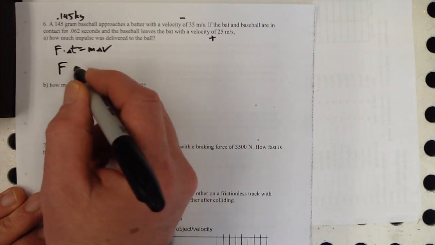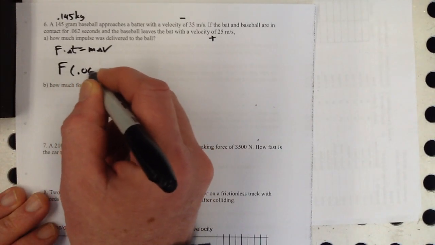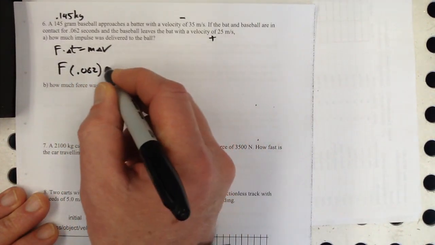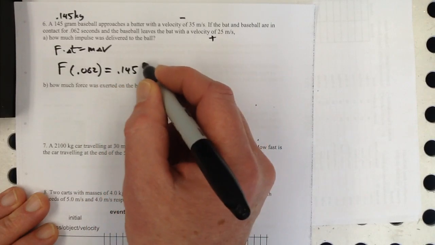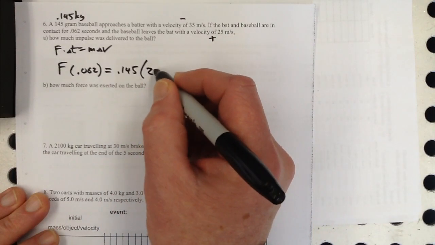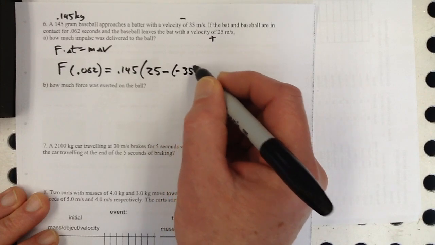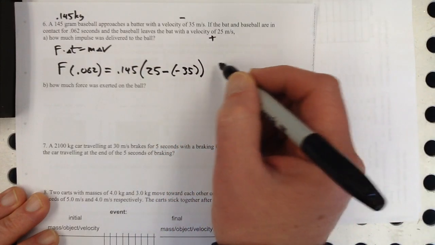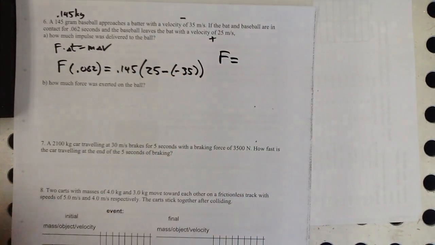So force times 0.062 is equal to mass times the change in velocity. The final velocity is 25 minus the initial velocity. So I'm going to do this side and then divide by that.